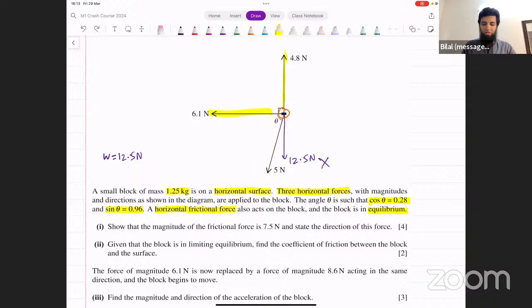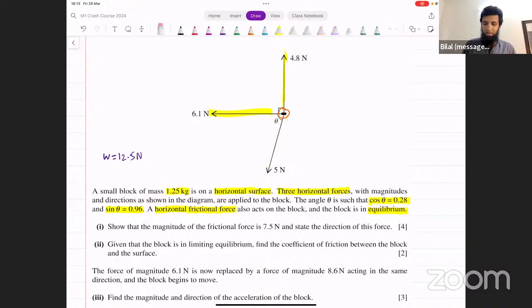Weight is going to be going into the screen, perpendicular to all of these forces. If all of these forces were part of the screen, weight would be going into the screen. That's what the difference is. So weight is not in the same plane as the other three forces.